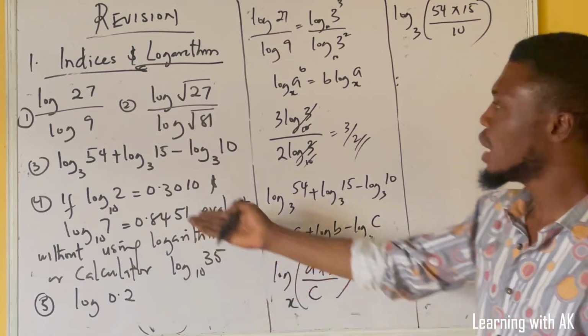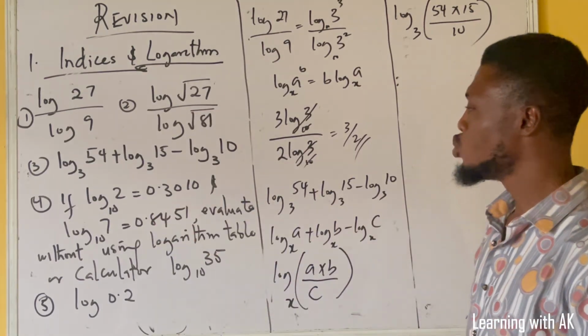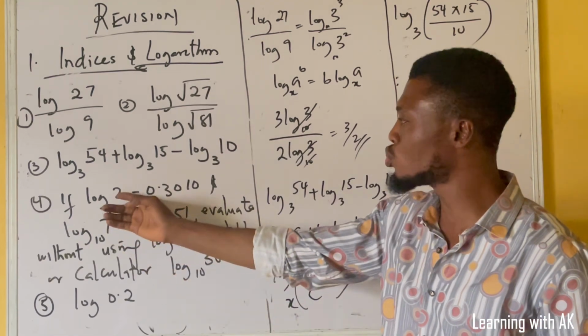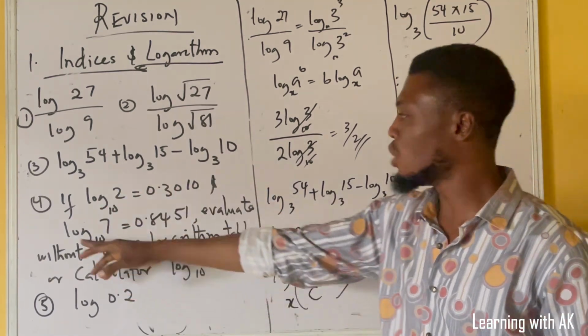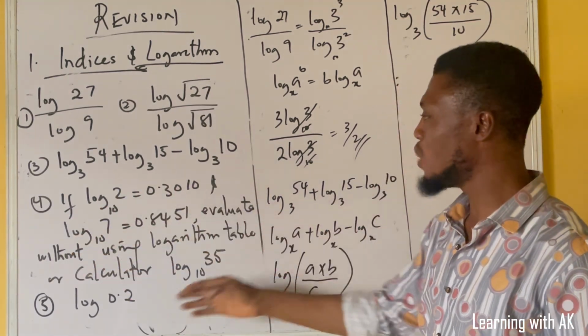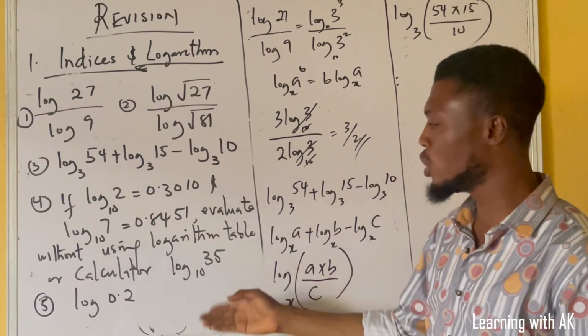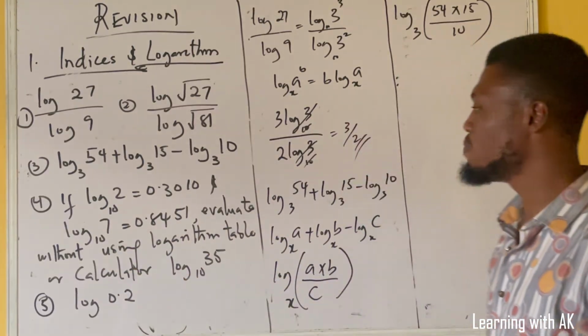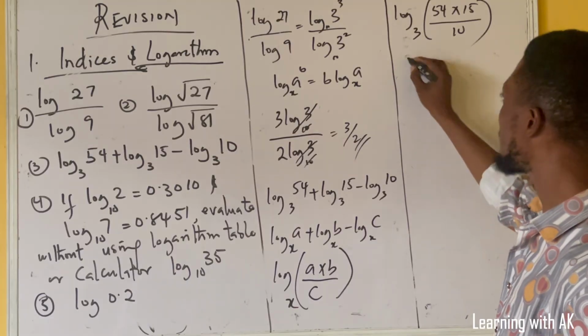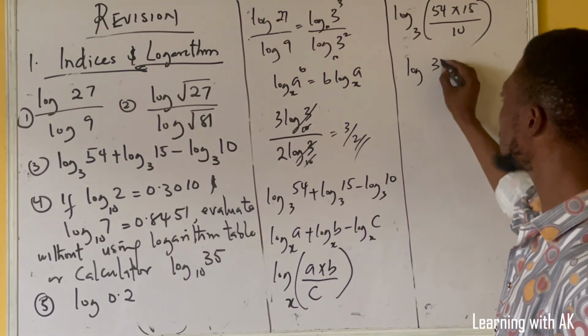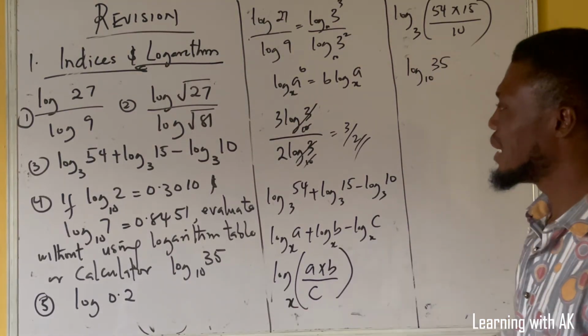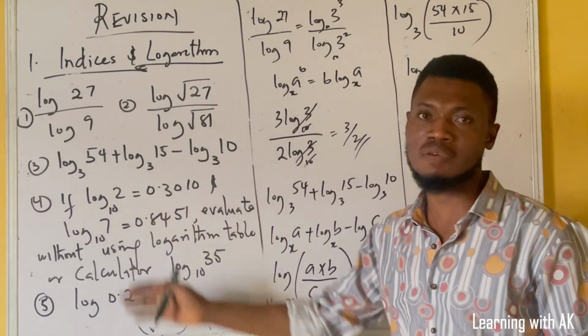That is that for that. However, for number 4, you are told that log 2 base 10 is equal to this and log 7 base 10 is equal to this. Evaluate without using logarithm table or calculator: log 35 base 10. That means we must express log 35 base 10 in terms of 2 and 7.